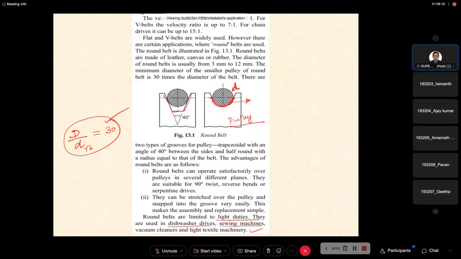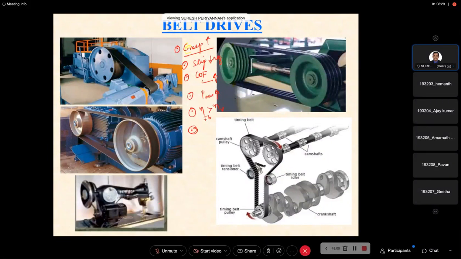See here, we are using the round belt here. But where we are using the round belt, our pulley diameter must be greater than 30 times the belt diameter. See here. Okay.